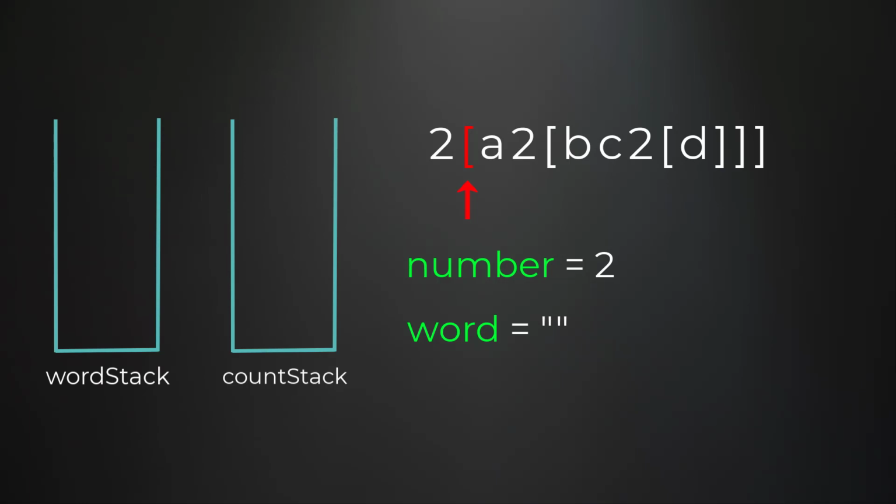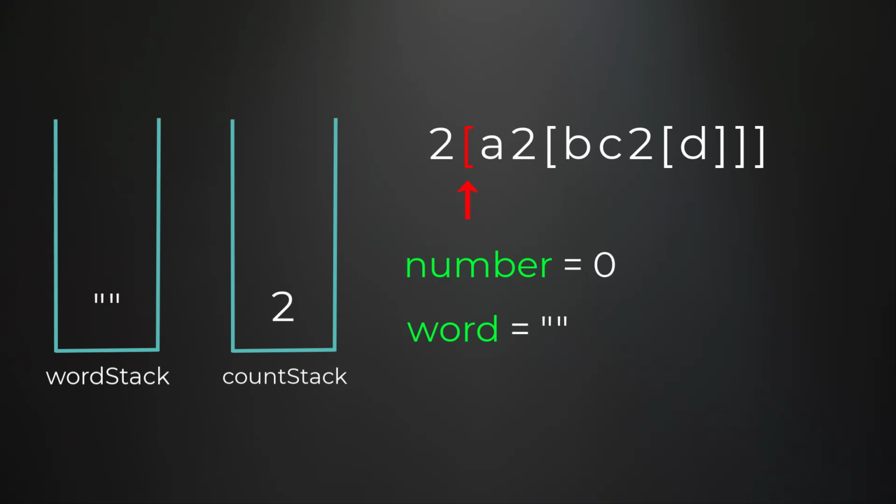At this point, we will have a number and a word that we can now add to the stack. So starting off with our count stack, we would add the number variable to our stack, and right now we just have the number 2. And then our word variable is currently an empty string, so we're just going to add an empty string to our word stack. After we've added those variables into our stacks, we can just reset our variables.